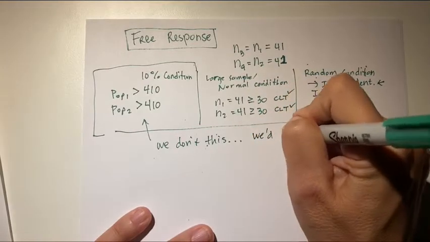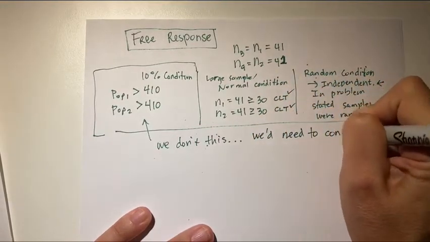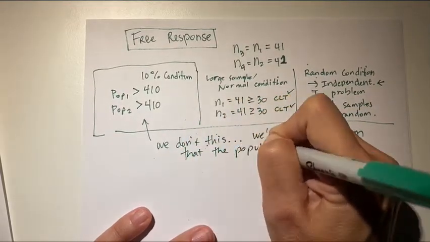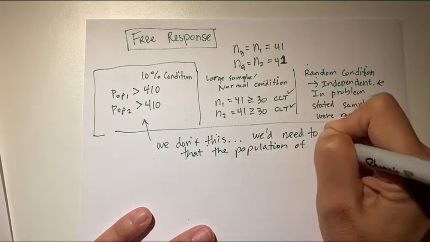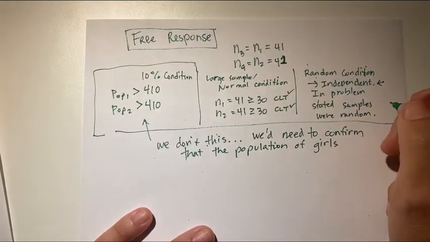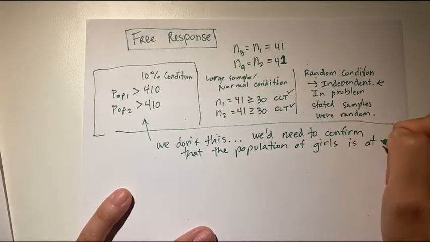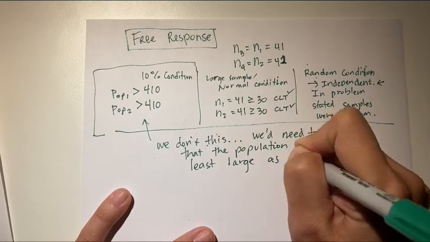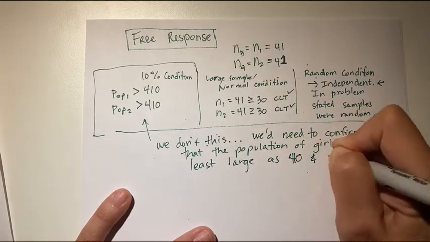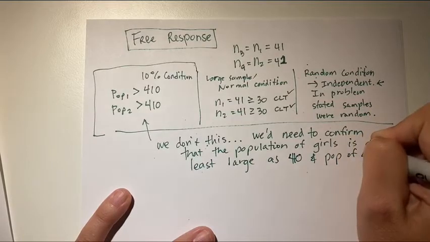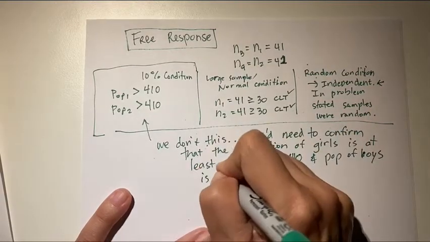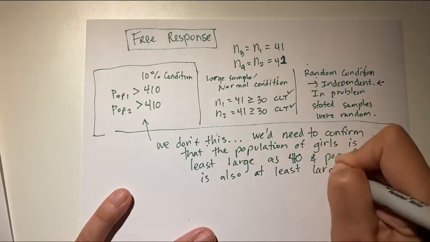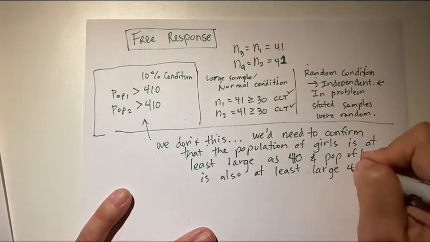We'd need to confirm that the population of girls is at least as large as 410, and the population of boys is also at least as large as 10 times the sample size, which is 410.